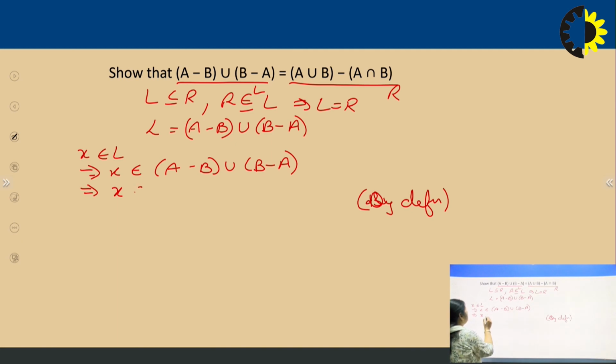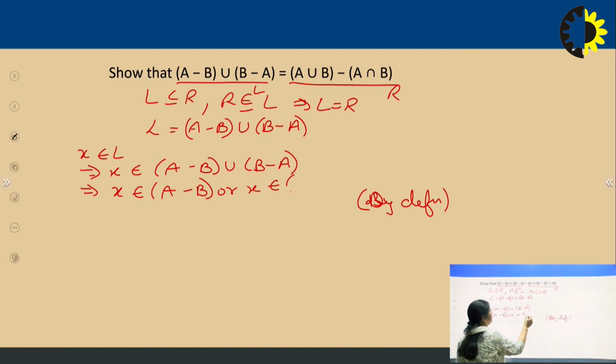X belongs to A minus B or X belongs to B minus A, because we have a union here. Either X is in this or in this or maybe in both.